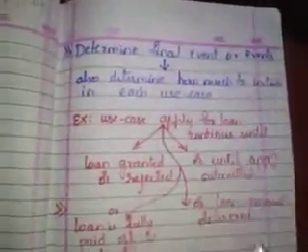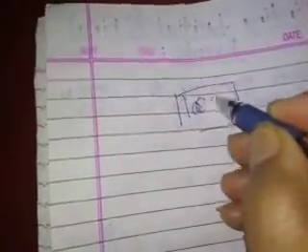You are applying for some loan. When you apply for a loan, what all things can happen? You will fill the application and submit it. When it is submitted, either your application may be accepted or it may be rejected.